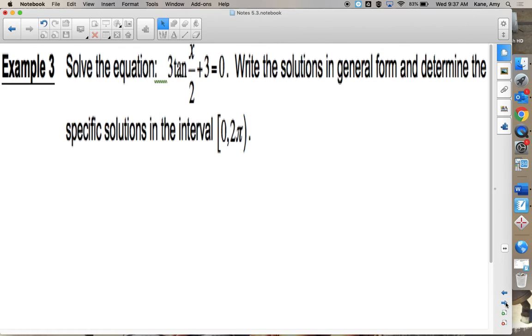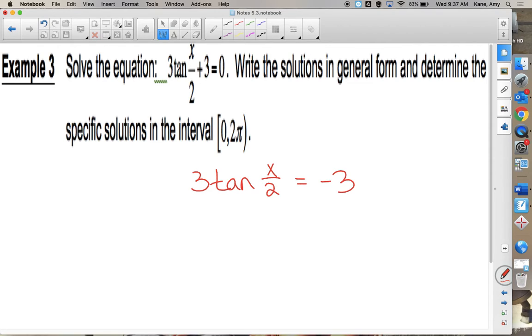So this one says solve the equation. These equations are usually easier to solve because the answers might require a little bit extra work to get there. The angles. So we have 3 tangent x over 2. Take the 3 to the other side. Divide by 3.